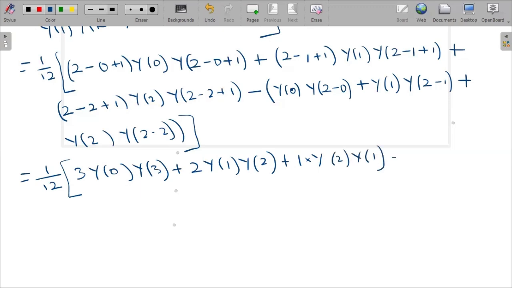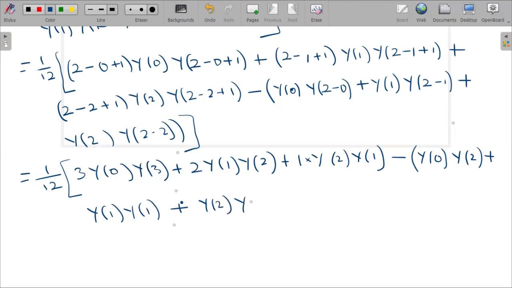And for the second nonlinear term, y of 0, y of 2 plus y of 1, y of 1, plus y of 2, y of 0.